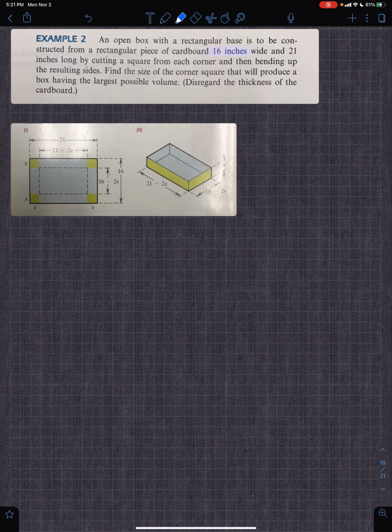So you would start drawing right now, basically the rectangle, and then 20 inches long, and then you cut squares from each corner. Okay, so it's a square each corner, and then bending up the resulting sides. Okay, then you want the largest possible volume. So you've got to think in terms of what you are trying to maximize. What's the maximum amount, what are you maximizing? Volume, area. I'm not sure what else you could do with the cardboard box.